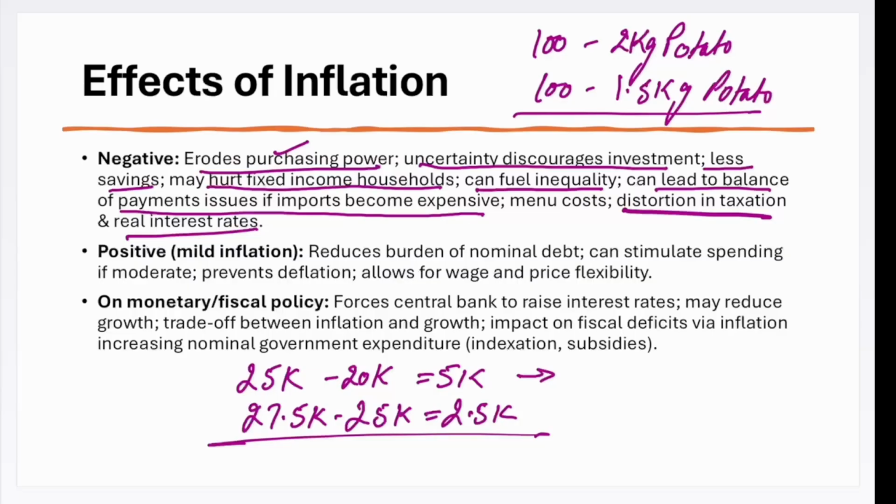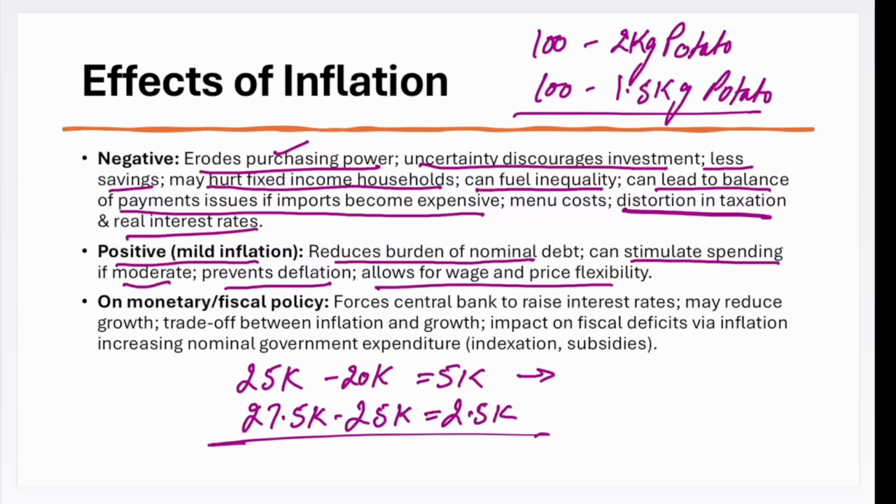But then it's not all negative on inflation. There is slight positivity in inflation as well. Let's understand. Mild inflation is good: it reduces the burden of nominal debt. As prices rise, the nominal debt burden is reduced, it can stimulate spending if moderate, prevents deflation, and allows wage and price flexibility.